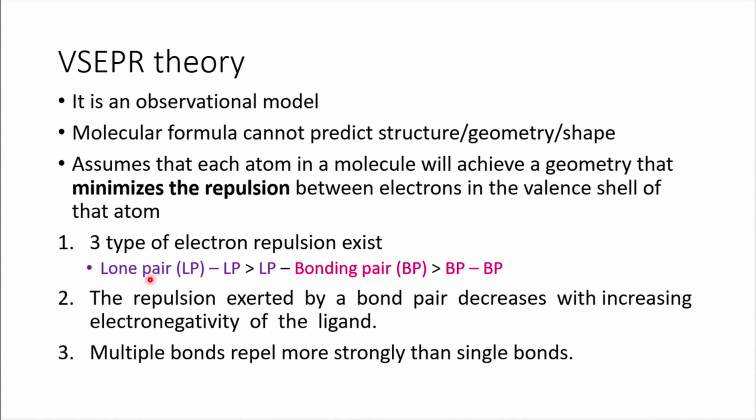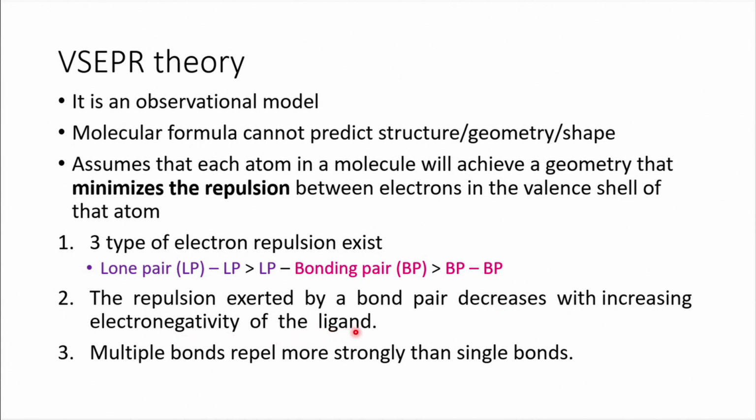Magnitude wise, if we are looking at the repulsion, the lone pair repulsion has the maximum magnitude, followed by lone pair and the bonding pair. The bonding pair repulsions are very minimal, and the repulsion exerted by the bond pair decreases with increasing electronegativity of the ligand.